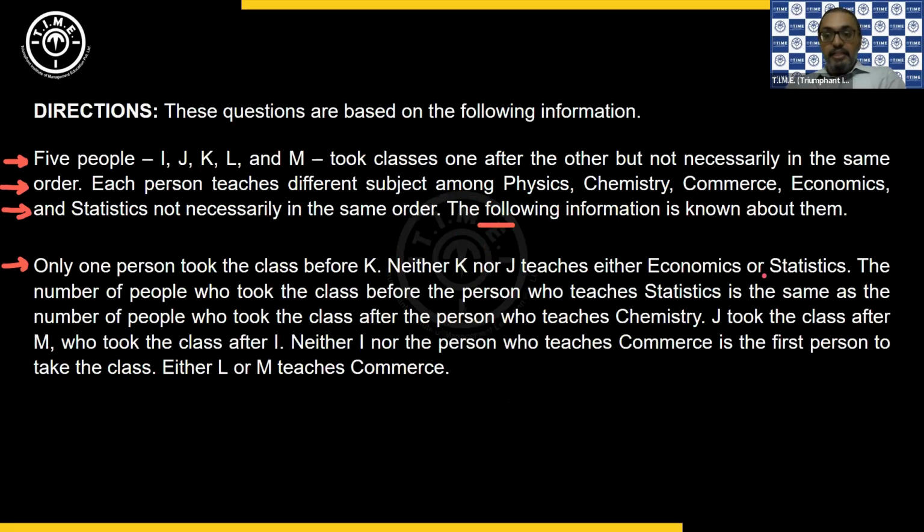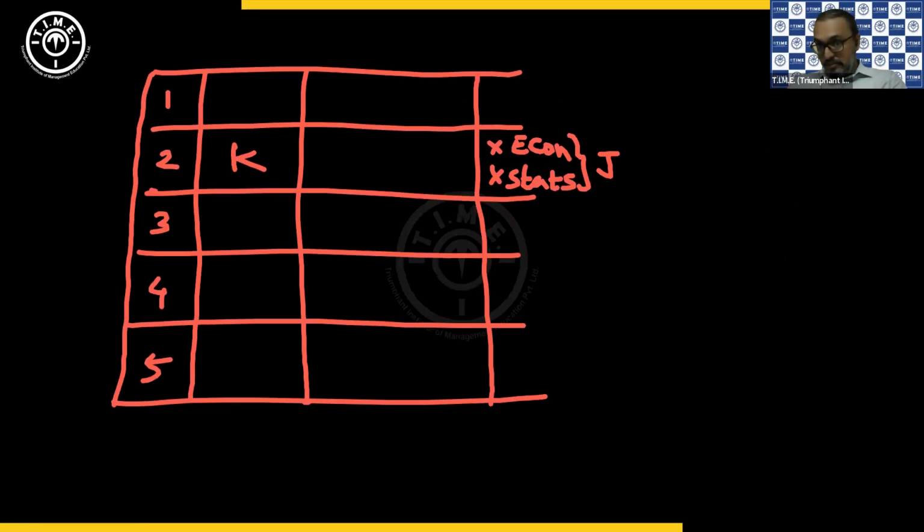Okay. Then the number of people who took the class before the person who teaches statistics is same as the number of people who took the class after the person who teaches chemistry. So again, statistics and chemistry should be in a position which are same, but from opposite ends. Okay, now since statistics cannot be given second from the top, you can remove chemistry second from the bottom.